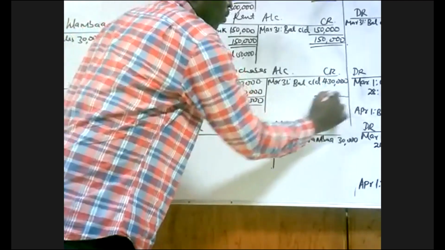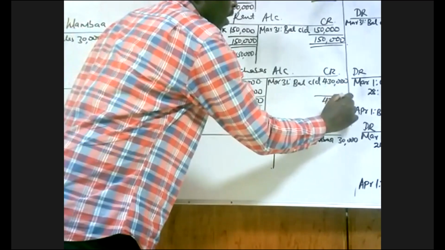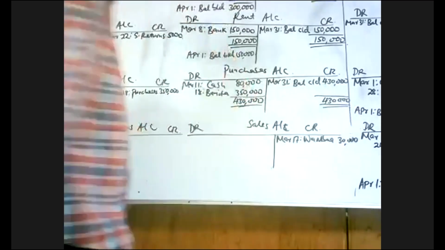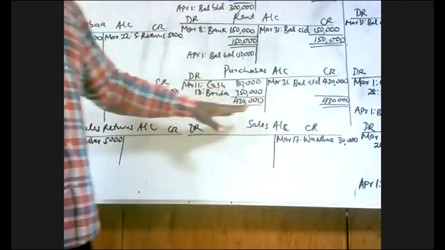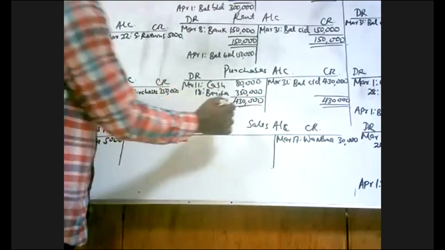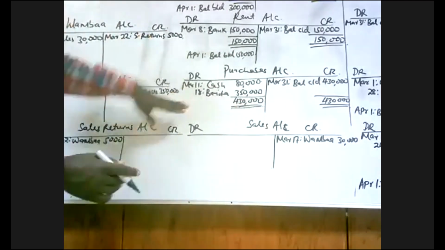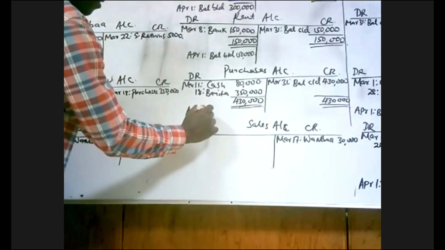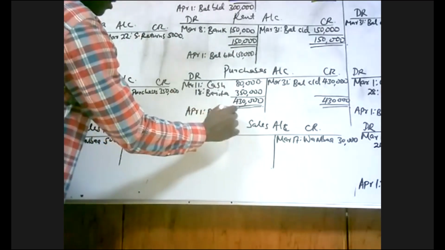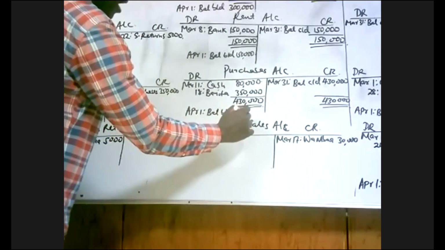So that here also we can have 430,000. If the carried down is on the credit, it simply means that it is the debit that had more. So we bring it forward on the debit side on April 1. Put it down for 30,000.